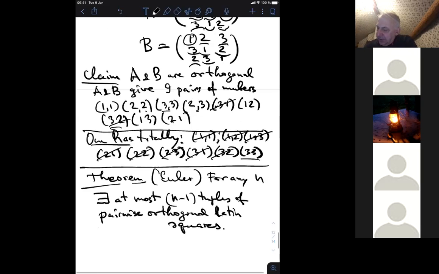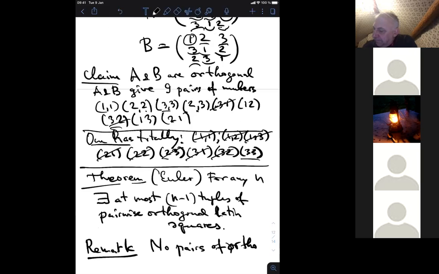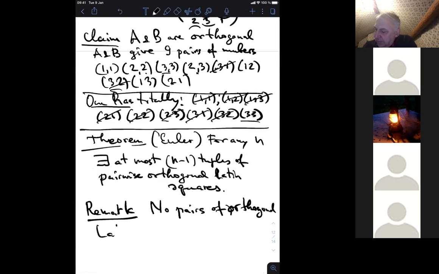And he also has shown, remark, no pairs of orthogonal Latin squares exist for n equals 6.